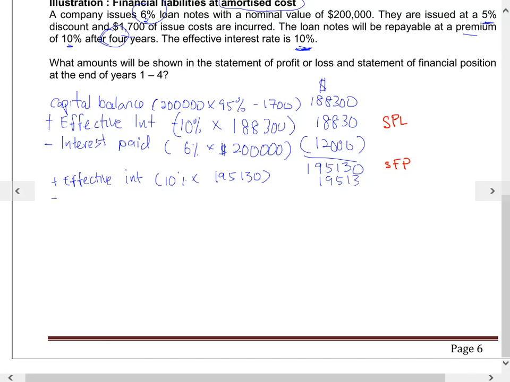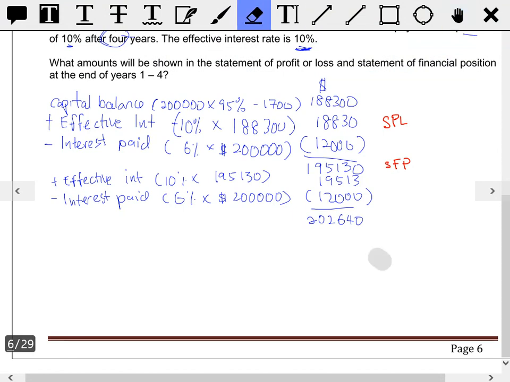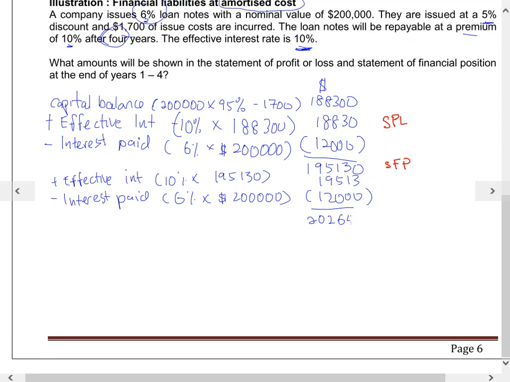How much is this one? Year 3. How much is this?